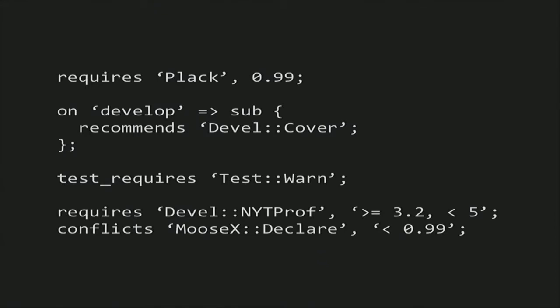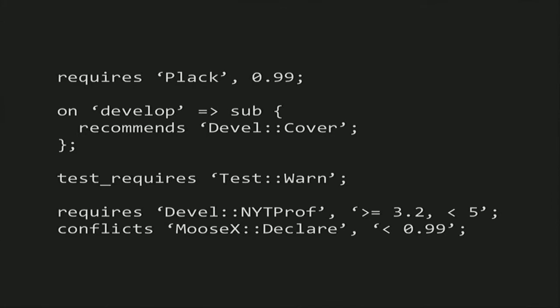And the second line specifies a development requirement, a recommendation. So it's not required if you run on the production machine, for example. This is about the development time dependency. And the third one is a test requirement. So it's only required when you want to run tests with make test or the prove command.